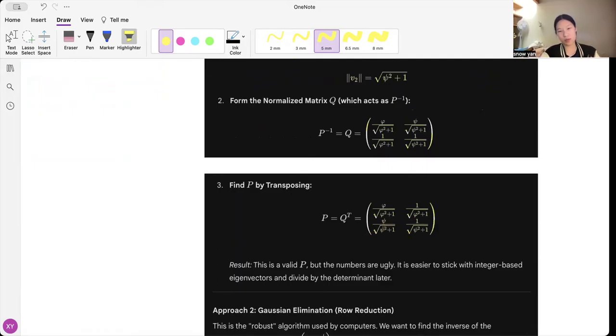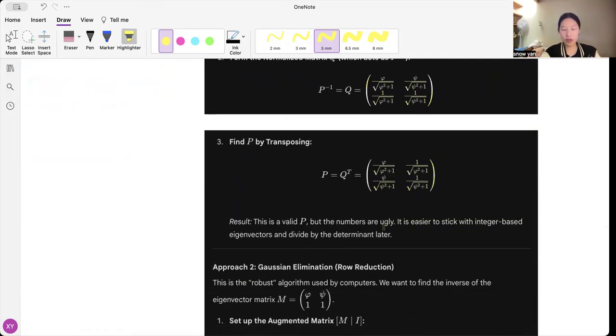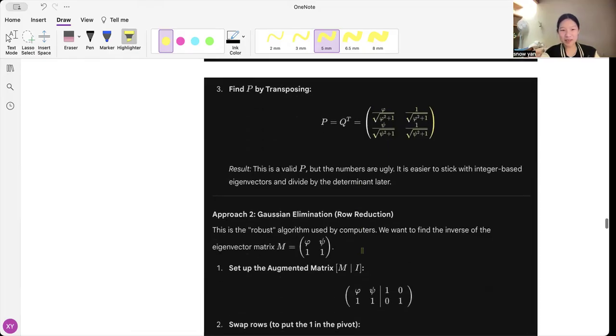Transposing is easy, so we just change the rows and columns. This method is really useful most of the time, and it's a really unique way of seeing the problem. But in this case, because we have an irregular number, normalizing it to one is kind of sad.